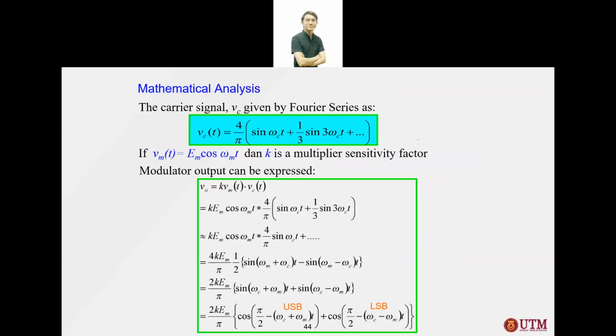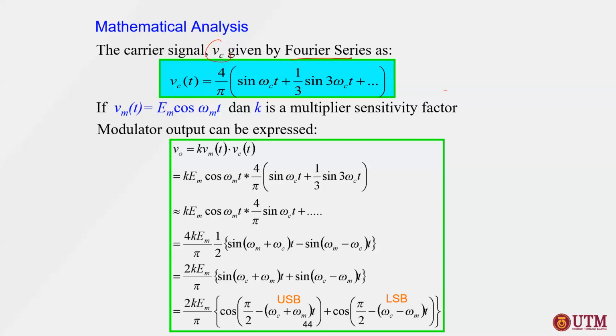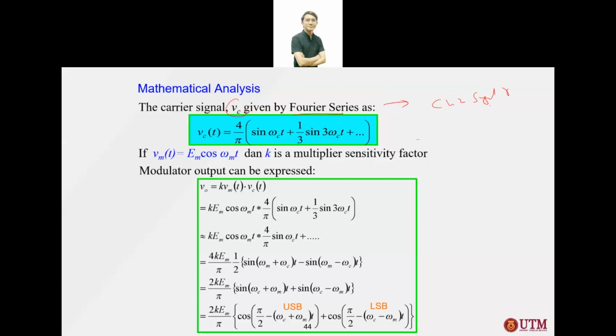Next is the mathematical analysis for the Fourier series. The carrier signal Vc is given by this. I think you learned the Fourier series in chapter 2 of Signals and Systems, so you pretty much know this: sin omega c t, then 1 over 3, then another term 1 over 5, for example, sin 5 omega c t.